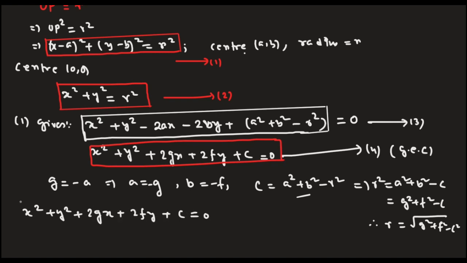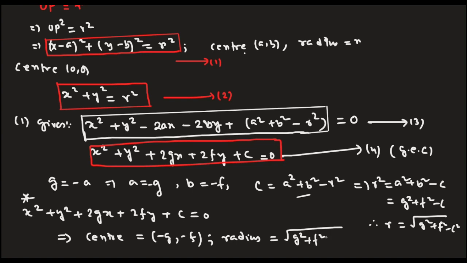This is the general equation of the circle, a very important form. So this will imply the center of this circle is minus g comma minus f, and the radius is equal to root over of g square plus f square minus c.